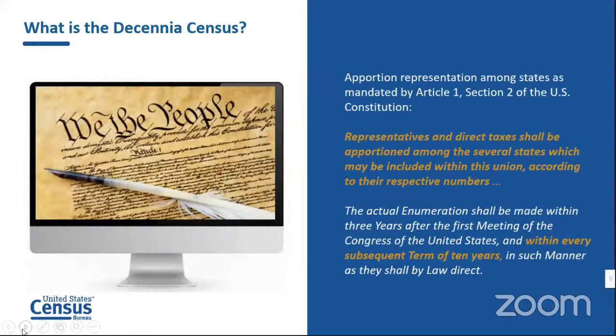So all of this starts with the decennial census. Mandated by the Constitution, every 10 years we endeavor to count everyone residing in the U.S. and its territories. The results of which are used to determine the number of seats for each state in the U.S. House of Representatives.